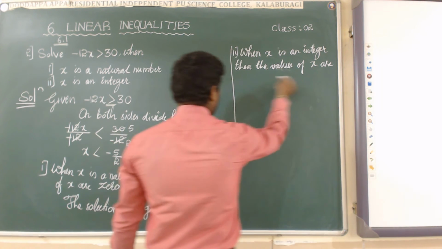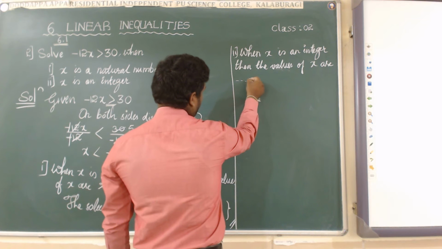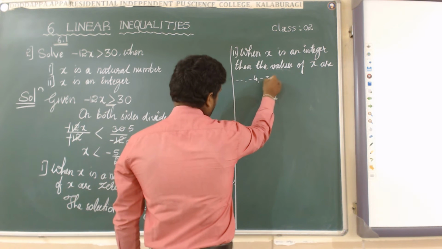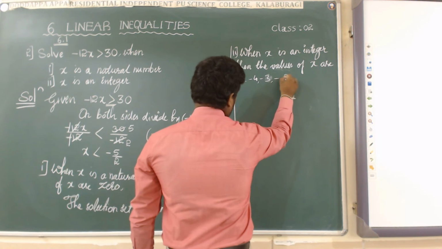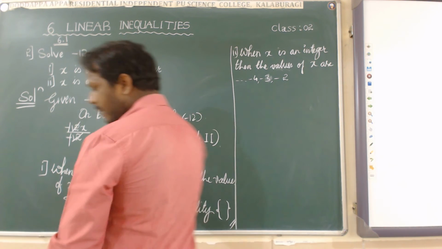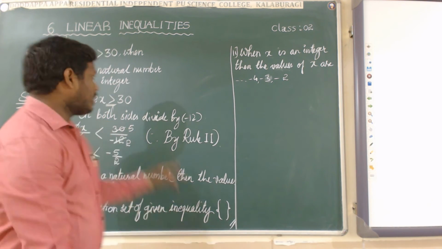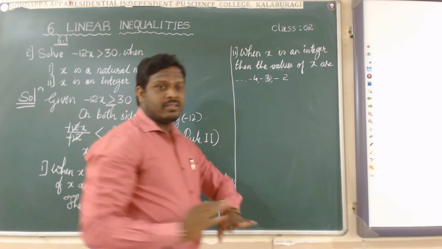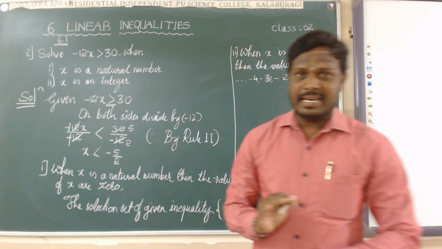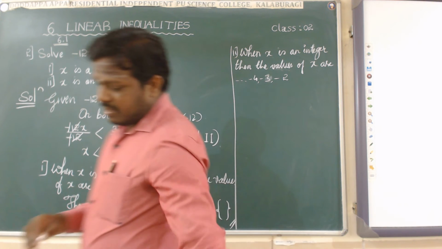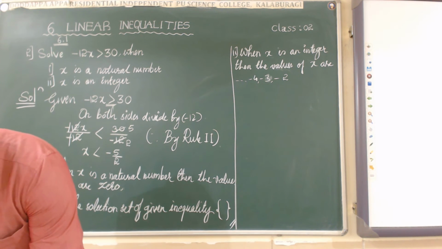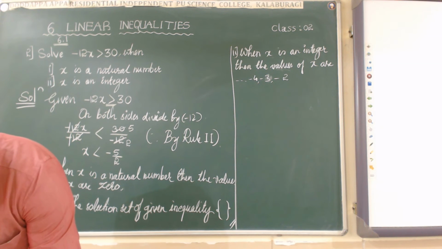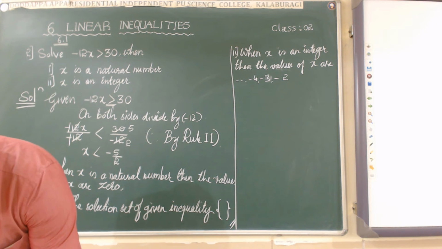So the values will be minus 3, minus 4. Getting my point? 2.5 is not present in the set of integers. You have to know the numbers, then only we can understand this problem.